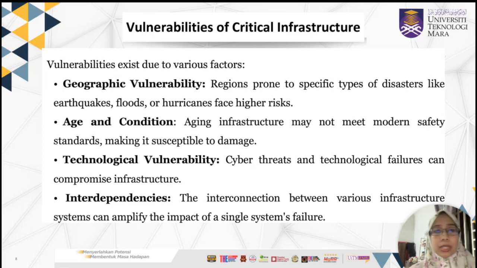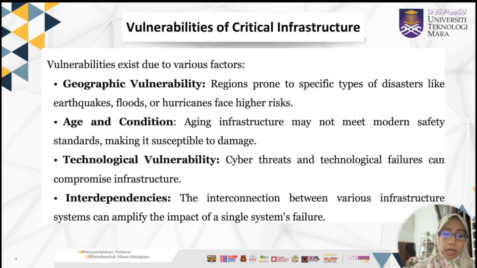Then we have interdependencies. The interconnection between various infrastructure systems can amplify the impact of a single system failure. Normally infrastructure, especially communication networks and transportation networks, is always connected from one to another.